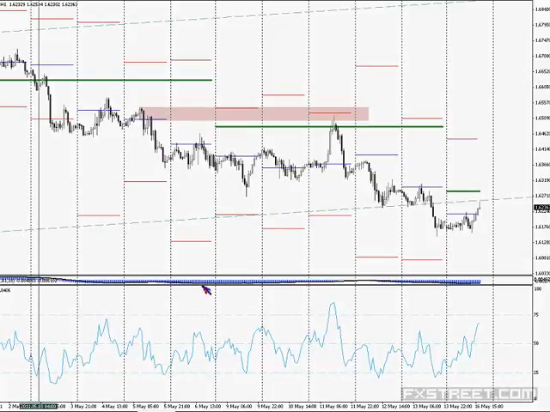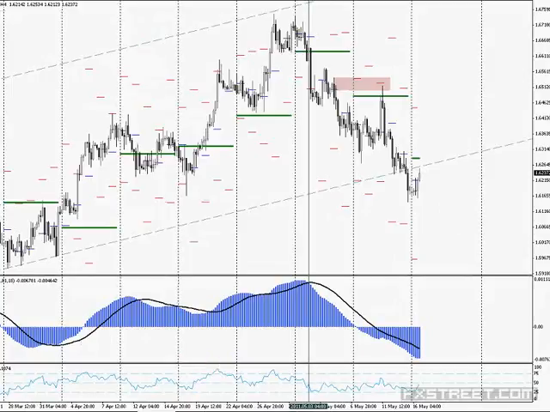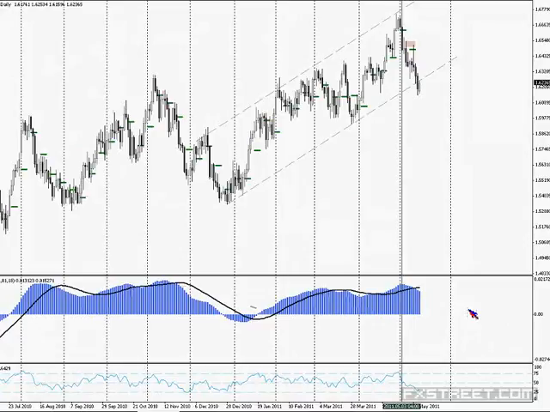Okay. Coming back to the 4-hour chart, we would see still that downward movement, and we can do the same with any other combination of time frames. Here we have on the daily a recent cross of the MACD to the downside.